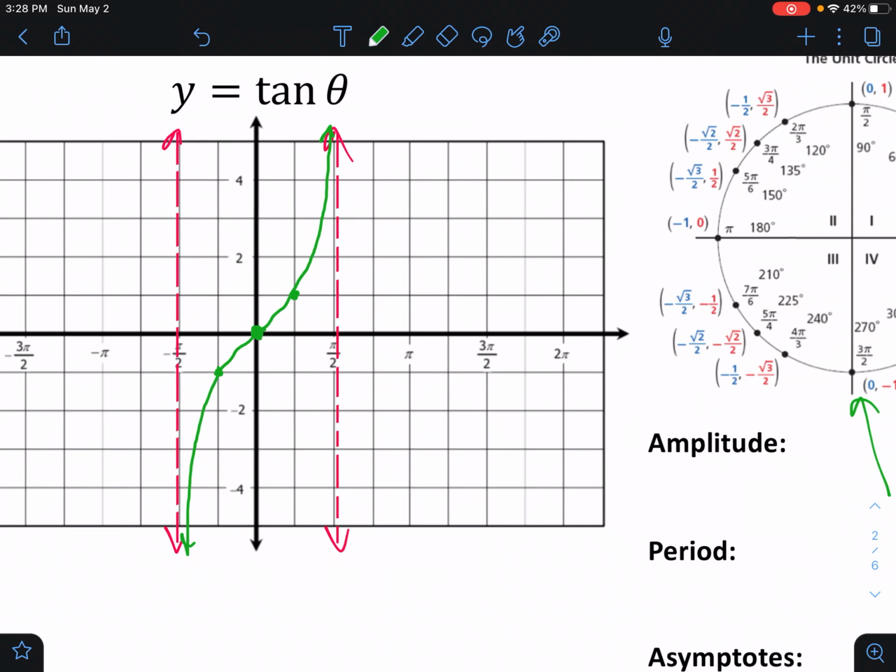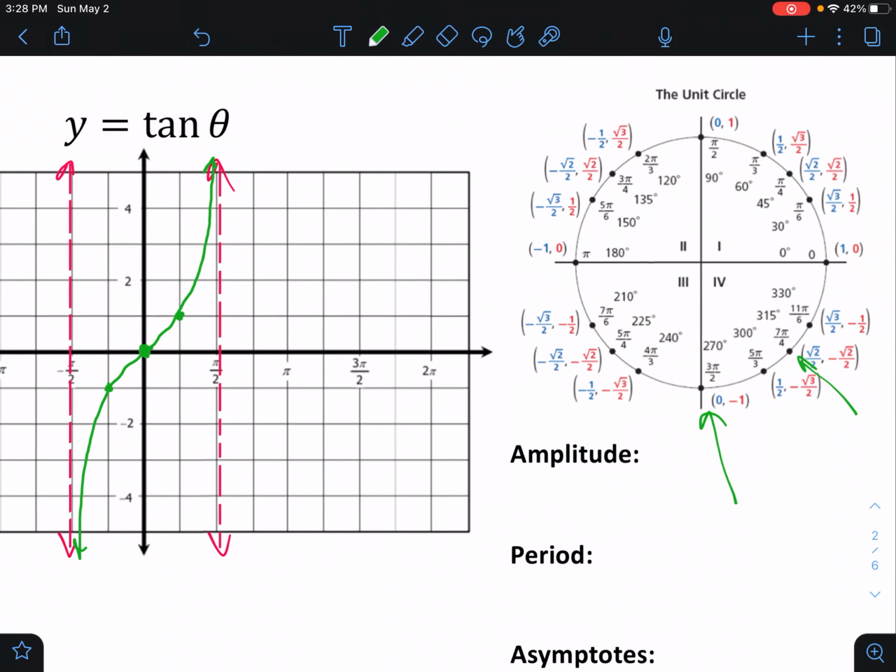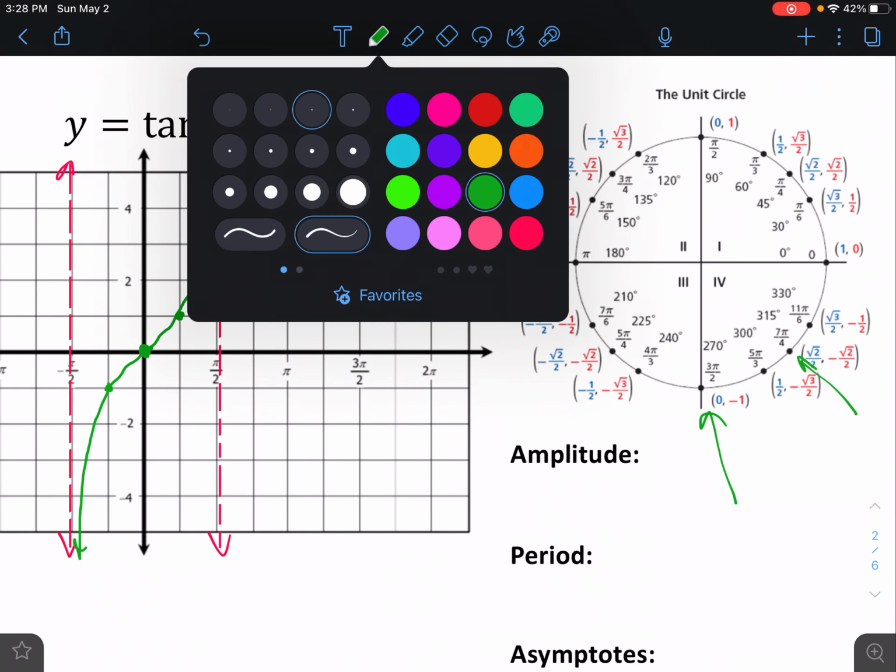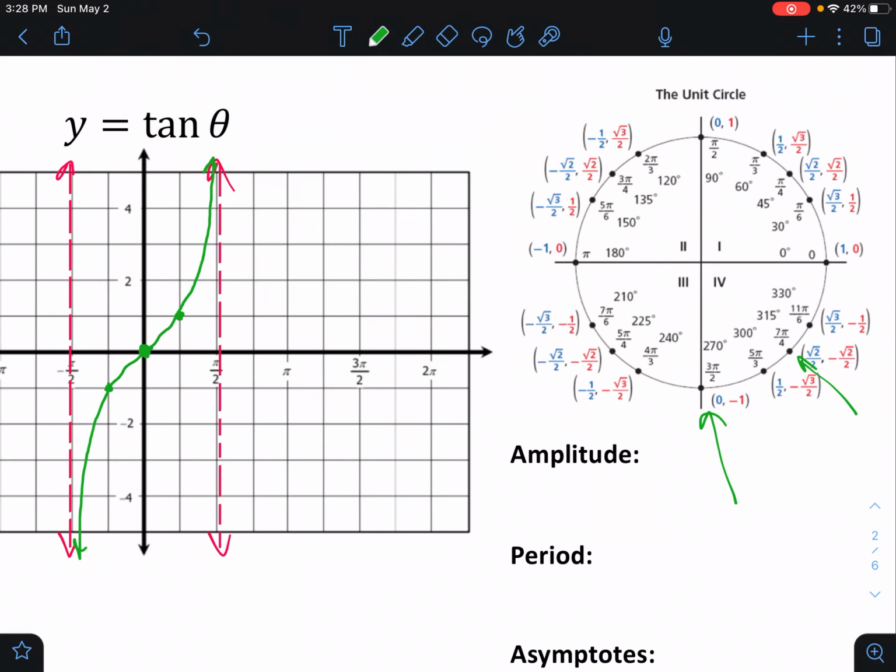Now if I continue this way, let's see what happens here. At 3 pi over 4, we're at negative 1 again. So let's make a dot.